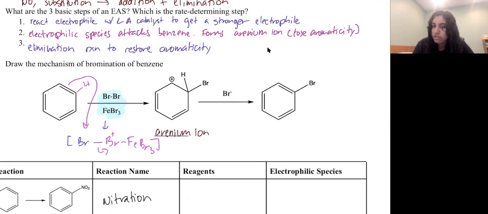The third step is just the elimination reaction. The conjugate base, Br minus, steals the hydrogen, and those electrons go back in to reform the double bond. Then you end with bromobenzene.